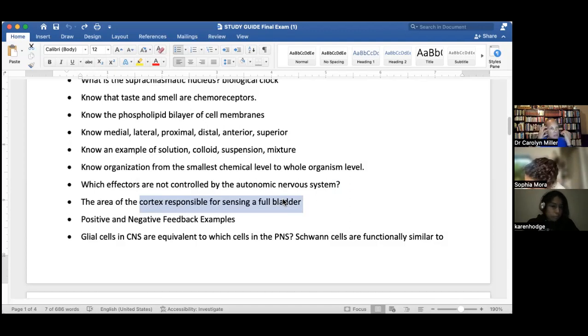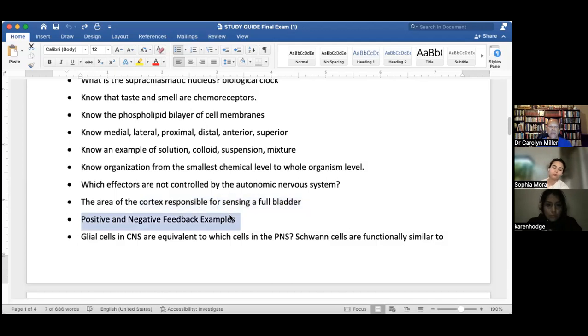The hearing cortex is on the lateral temporal area. The occipital is where the vision cortex is, but the cerebrum has a specific site where all of the sensory inputs come in. So the area of the cerebral cortex responsible for sensing a full bladder, which is an organ, is the visceral sensory input area on the cortex.